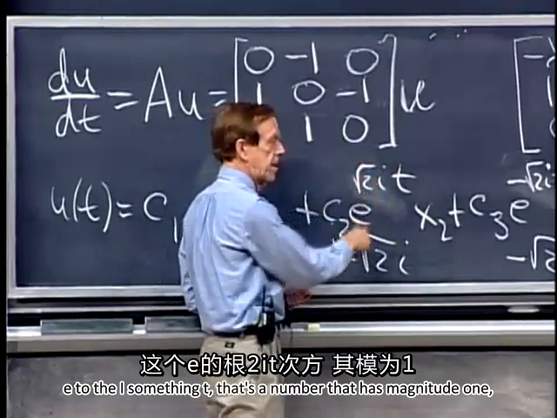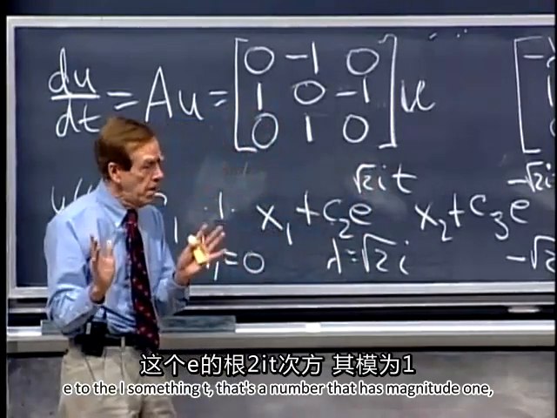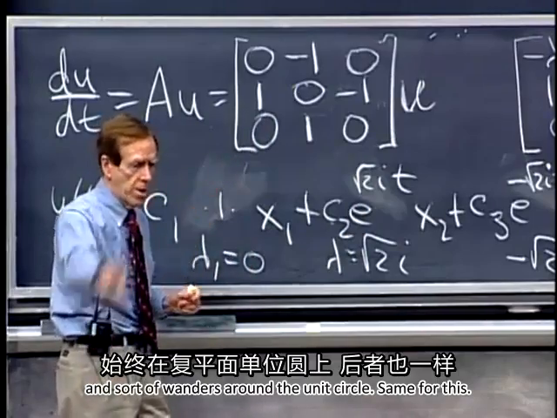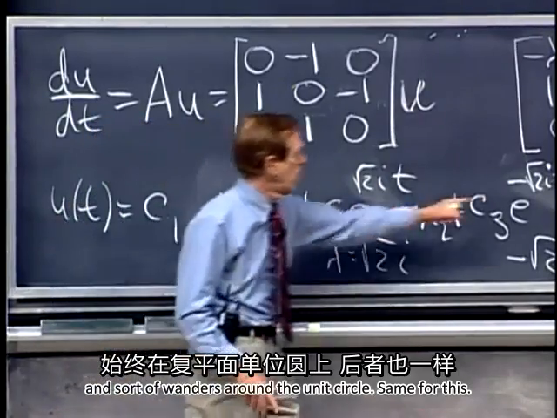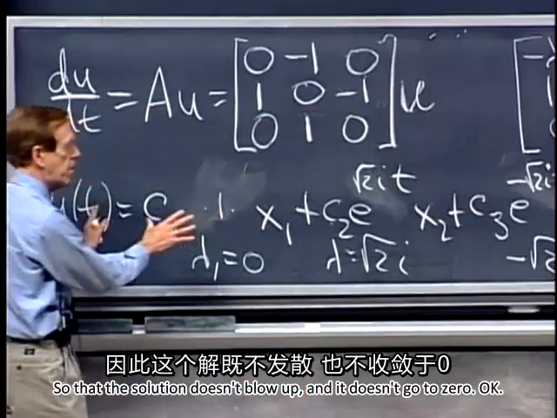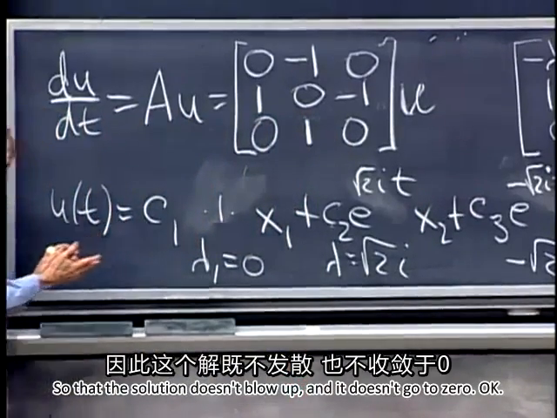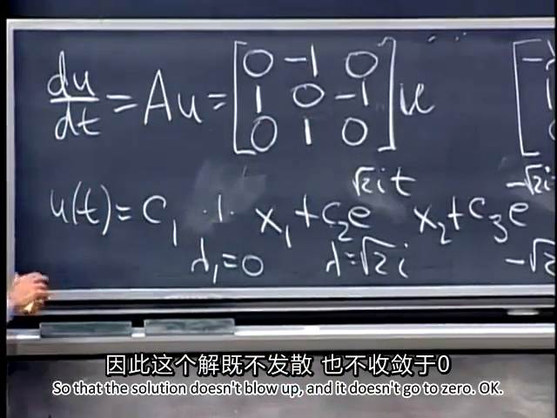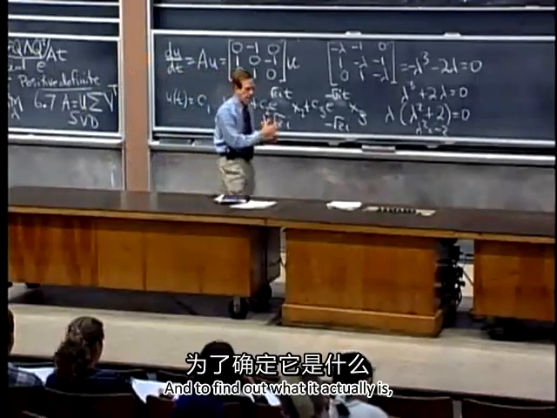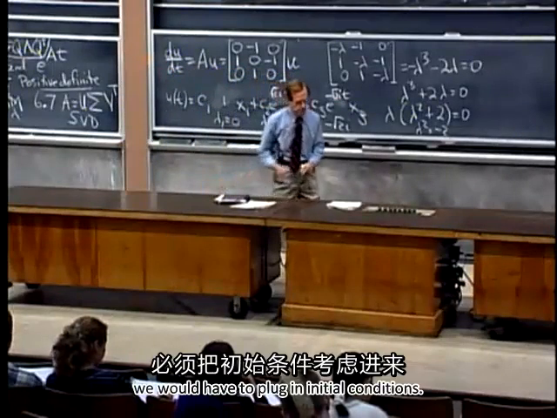That's a number that has magnitude 1 and sort of wanders around the unit circle. Same for this. So the solution doesn't blow up and it doesn't go to 0. Okay. And to find out what it actually is, we would have to plug in initial conditions.